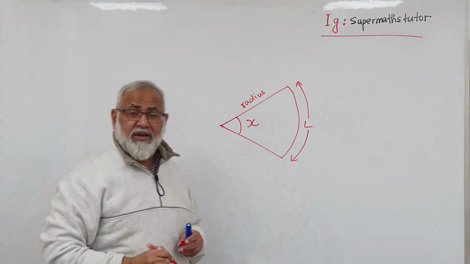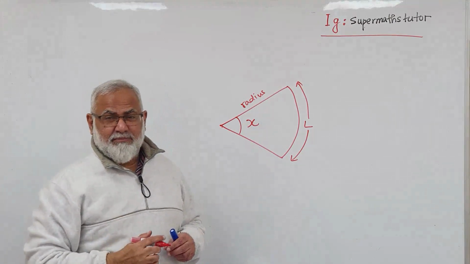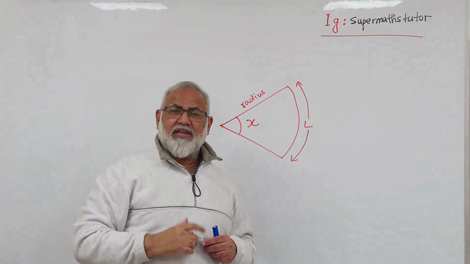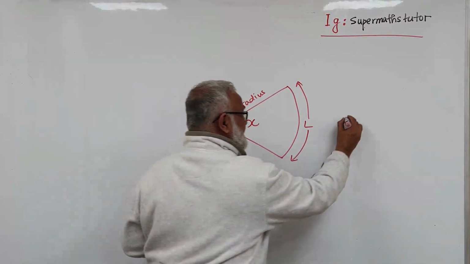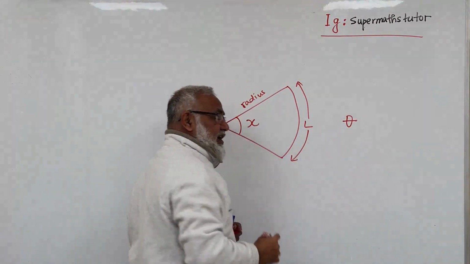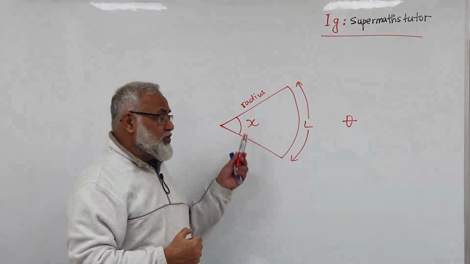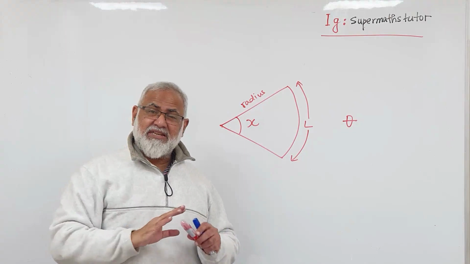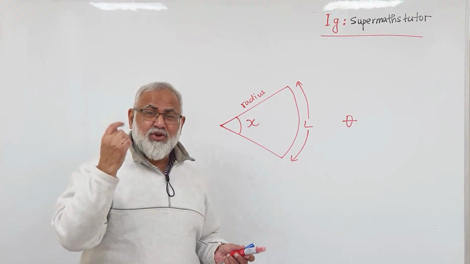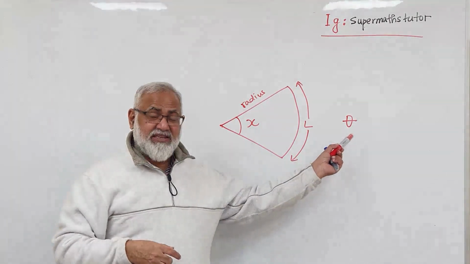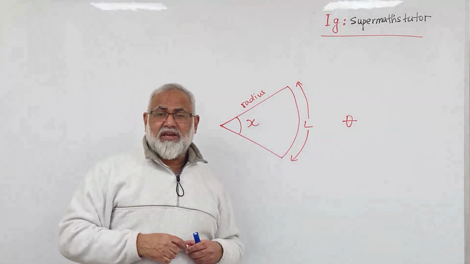If you are doing maths in Pakistan, Bangladesh, UAE, then probably they use theta in the eastern side. But in the UK and European side, we use x as an unknown angle. It doesn't matter what letter you use, theta, the Greek letter, or x, the unknown letter, a variable.